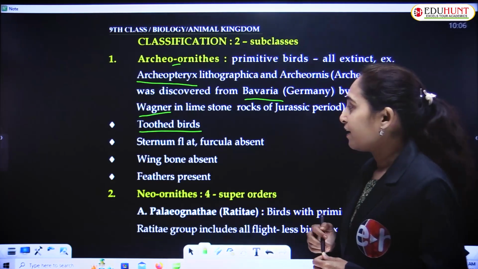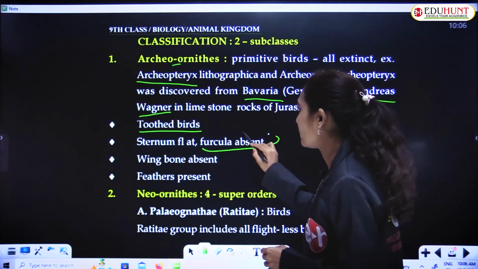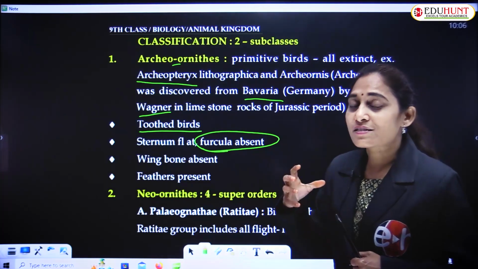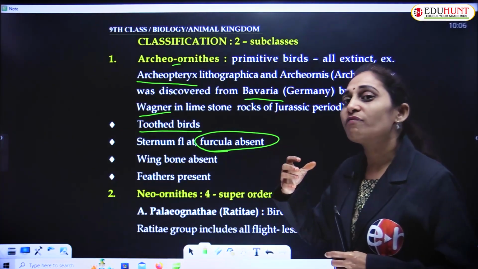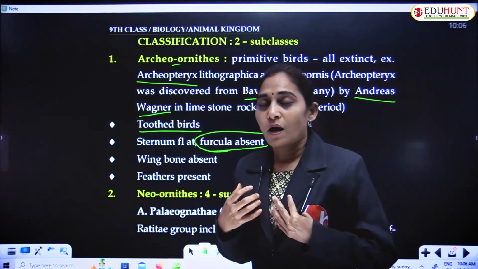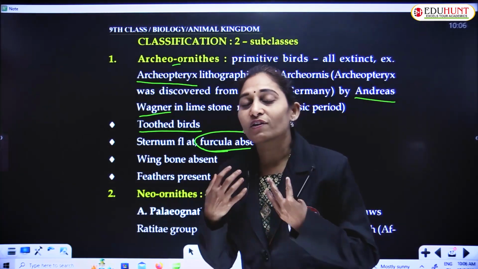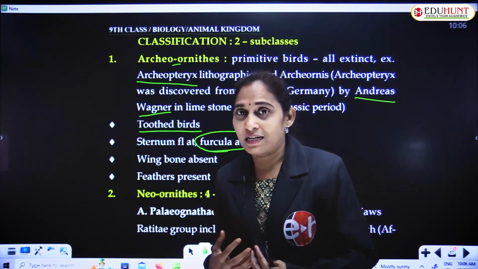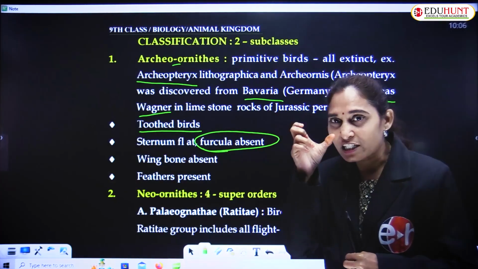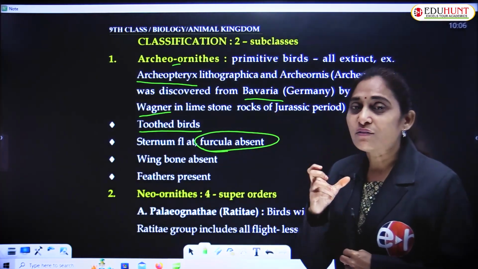Sternum is flat and the furcular bone is absent. In the previous session we discussed that the furcula, or the wishbone, is a bone formed by the fusion of the clavicle with the interclavicle to form a fork-shaped, V-shaped structure.